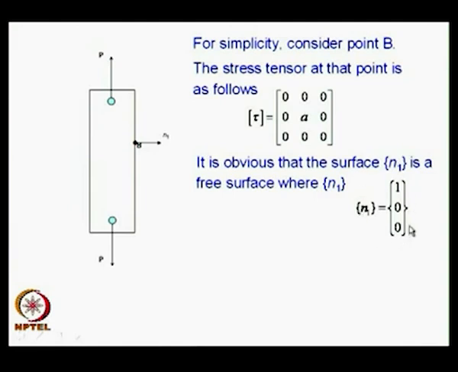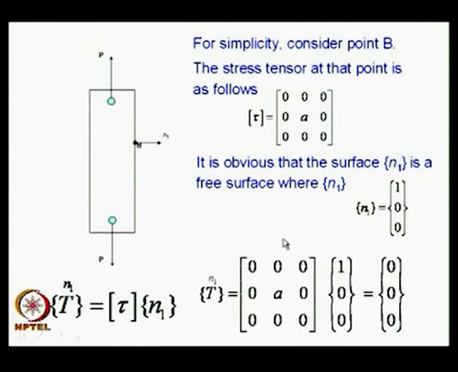So, now I can find the stress vector on plane n1, because I define plane n1 as the free surface. So, I have to calculate T n1, and when I do this, T n1 goes to 0.